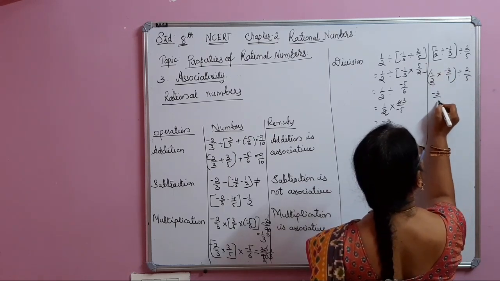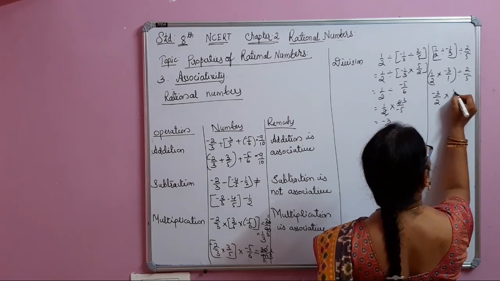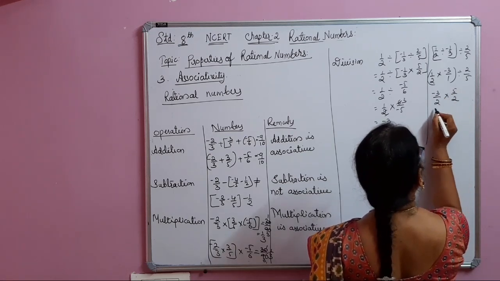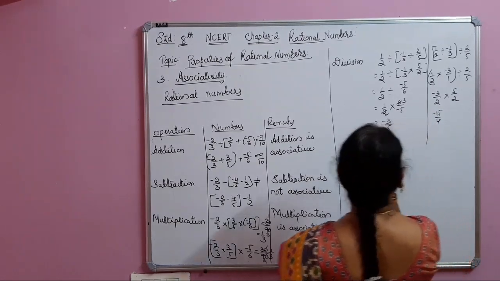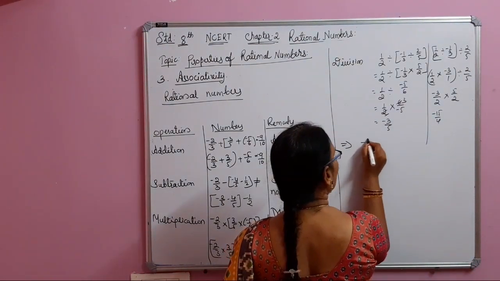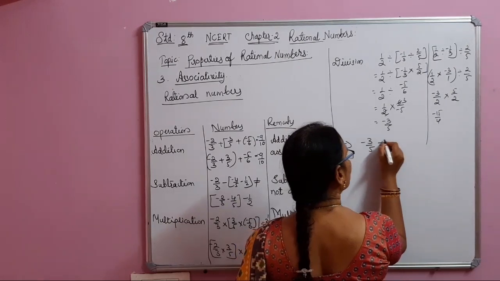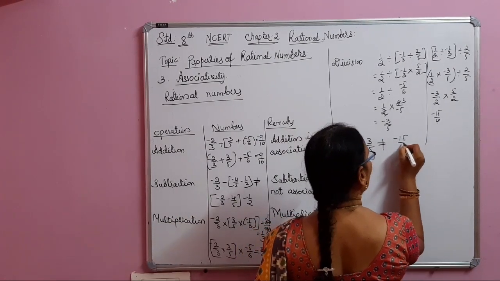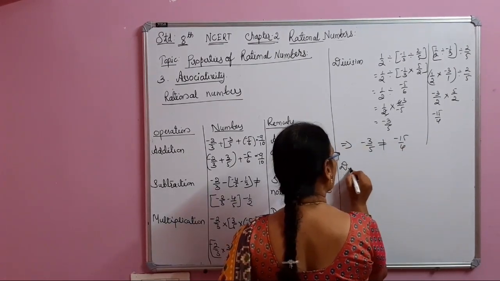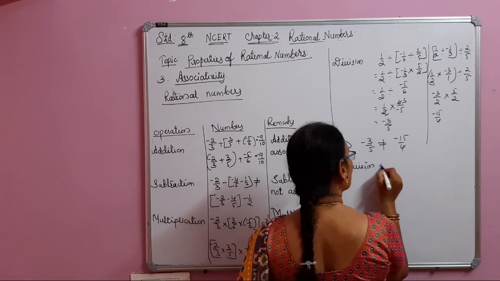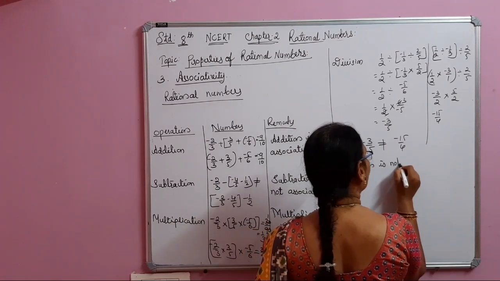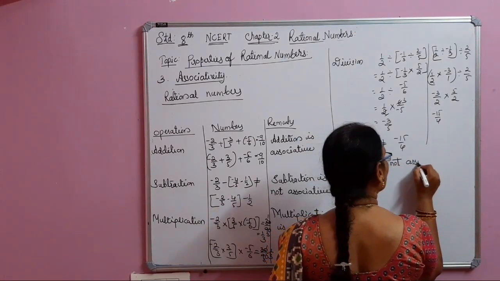This is minus 3 by 2 into 5 by 2, that is minus 15 by 4. So this implies that minus 3 by 5 is not equal to minus 15 by 4. So division is not associative.